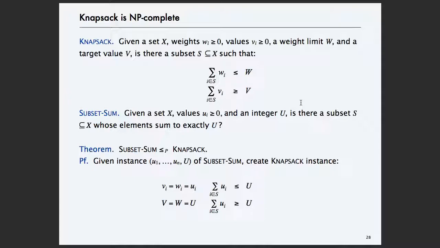The knapsack problem, this is the proof. Knapsack problem is NP complete. We're going to prove that by showing that subset sum reduces to the knapsack.